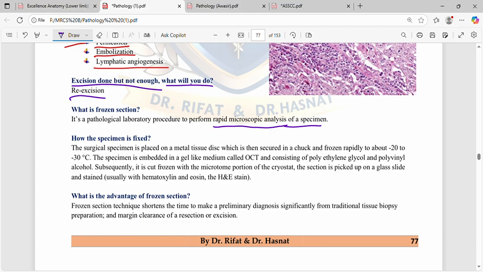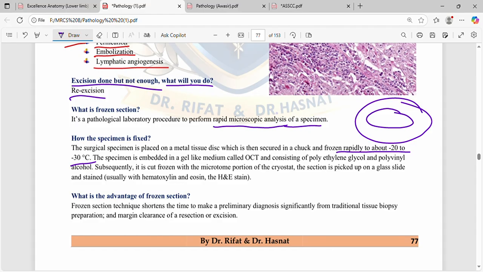How is the specimen fixed? The surgical specimen is placed on a metal tissue disc, which is then secured in a chuck and frozen rapidly to about -20 to -30 degrees centigrade.